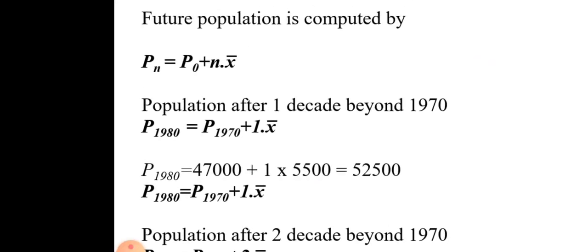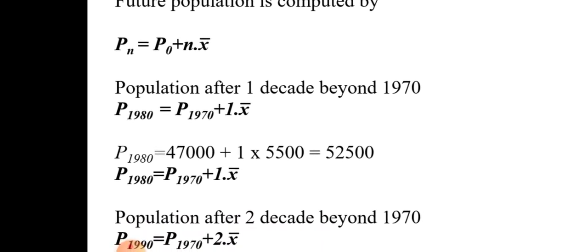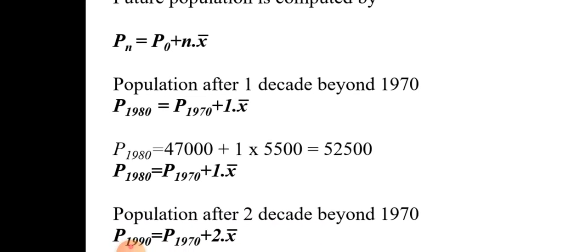This data is needed for computing the population of future decades, from the expression Pn is equal to Po plus n into x bar. This is the expression for finding the population of the nth decade. Firstly, as per the problem, we have to find the population after one decade beyond 1970, that is the population in 1980.